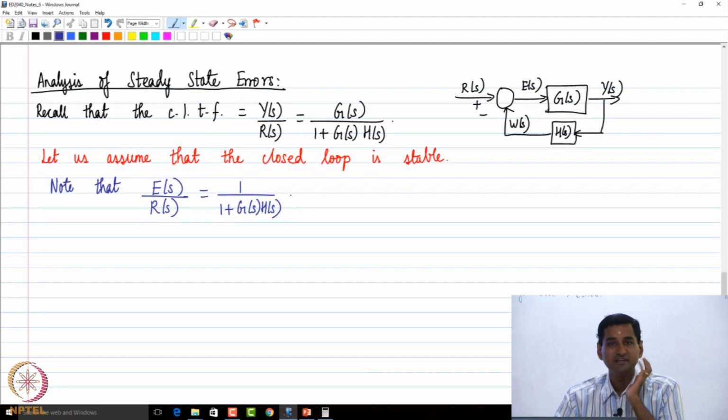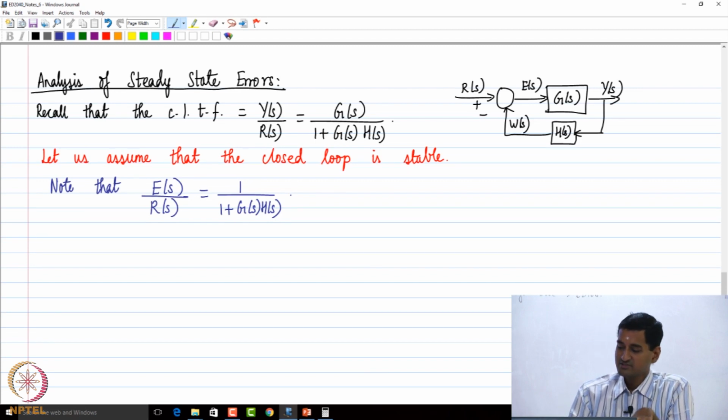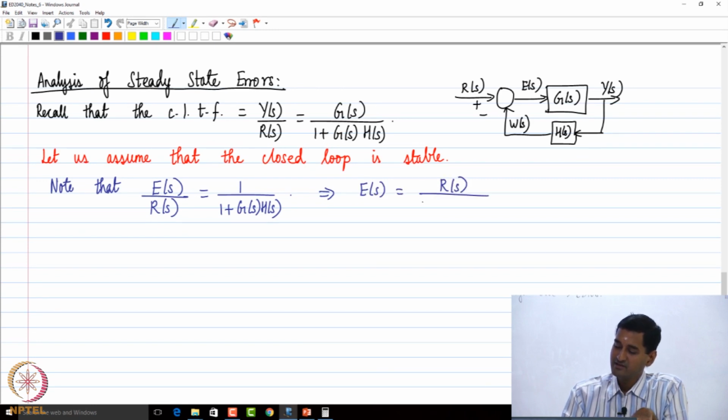So, you can pretty easily figure out that E of S by R of S is going to be 1 by 1 plus G of S H of S. So, this implies that E of S is equal to R of S divided by 1 plus G of S H of S.